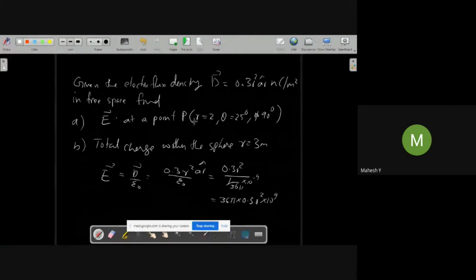Since the question says nanocoulomb, you have to introduce the 10 raised to minus 9. So this much Newton per coulomb is the unit for electric field intensity.